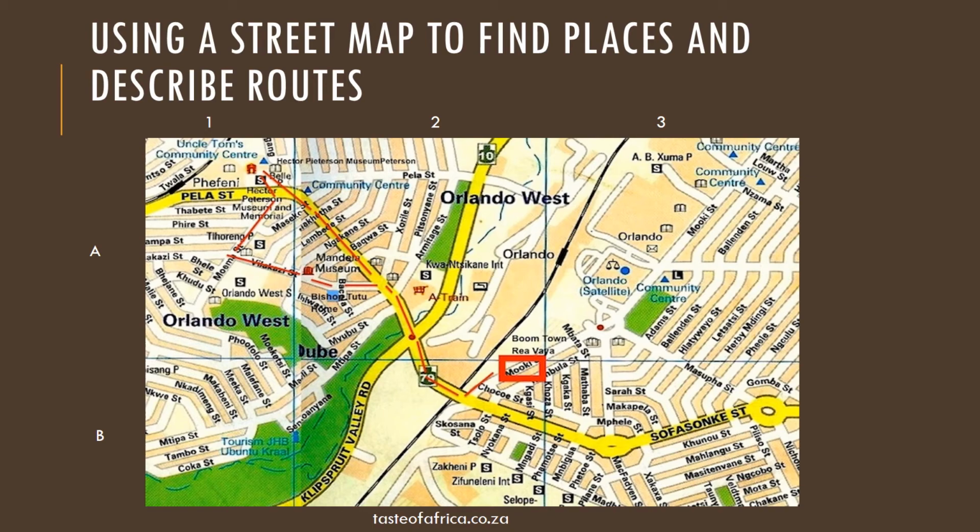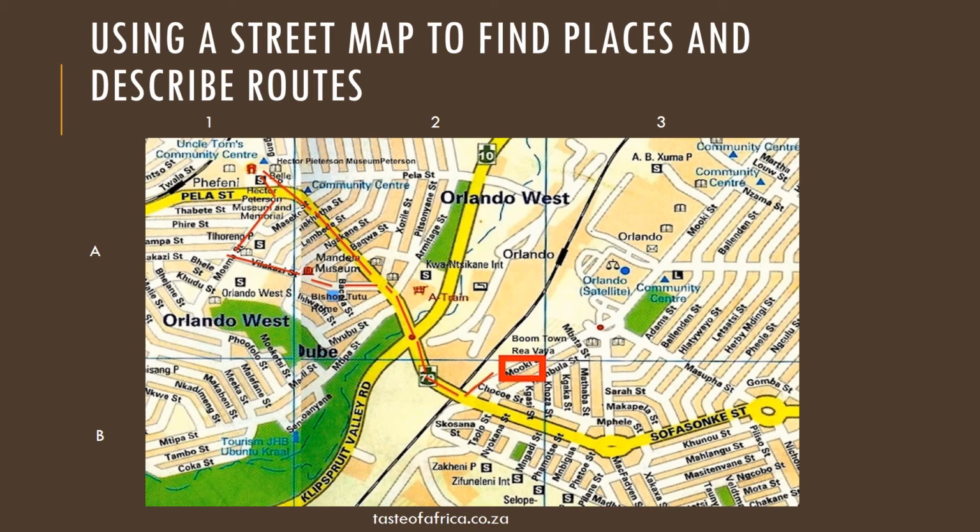On block A3, we find a school. We see a community center, two community centers. We also have Orlando Satellite. We have Adam Street, Belenden Street, Hlatshwayo Street, Litsatsi Street, Hebe Mdingi, Pele Street, Muki Street.